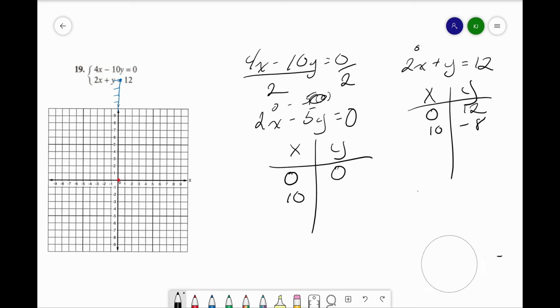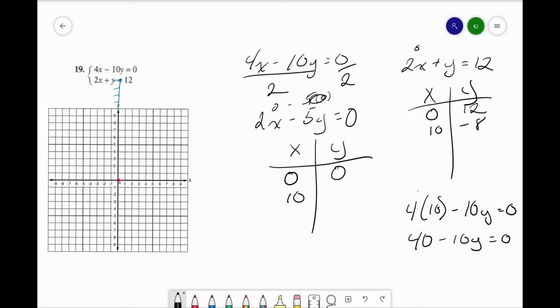And both of those are nicely on our chart, so our plan to try to stay on here worked. So 4 times 10 minus 10 times something is going to get us 0. So 4 times 10 is 40 minus 10 times something to get us 0. Well, we need to make 10y equal 40 in order to make it 0, right?